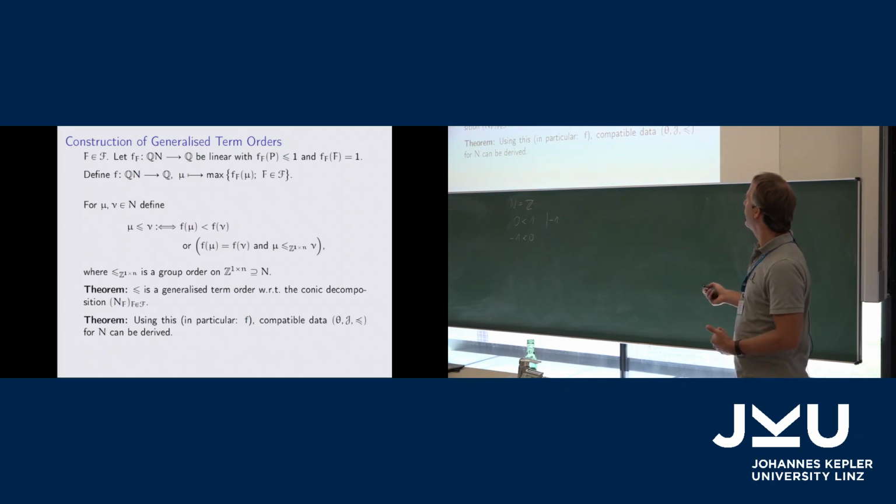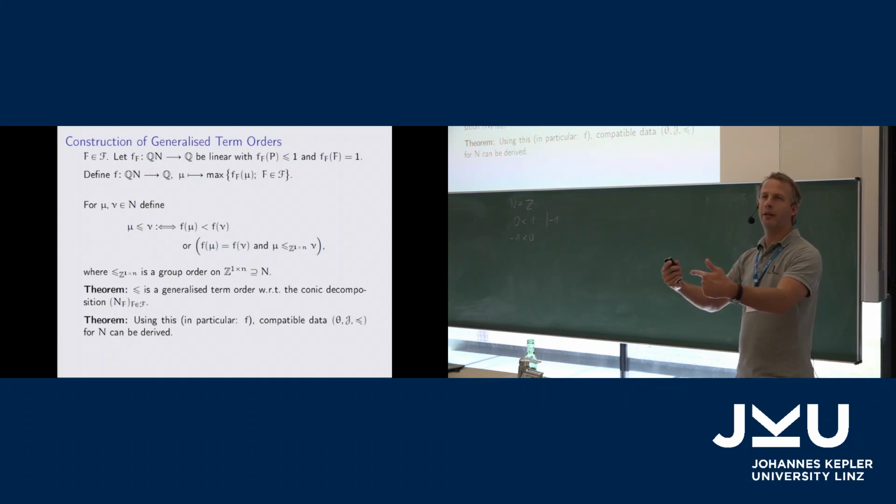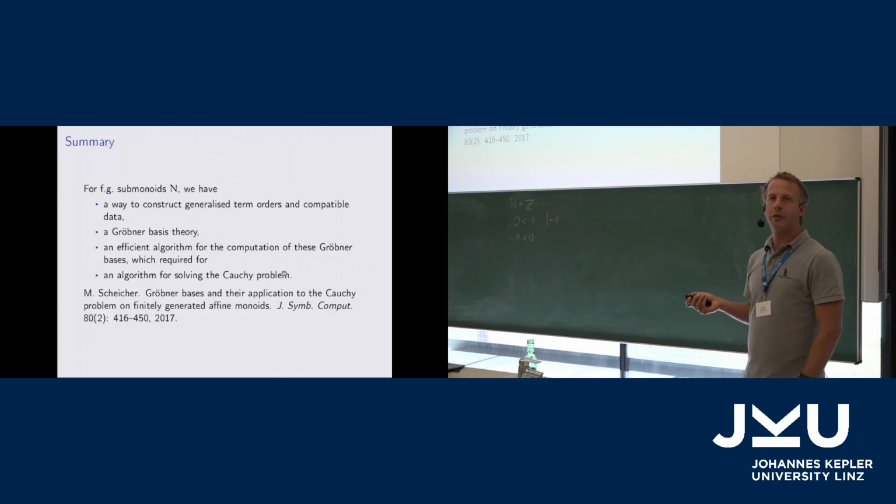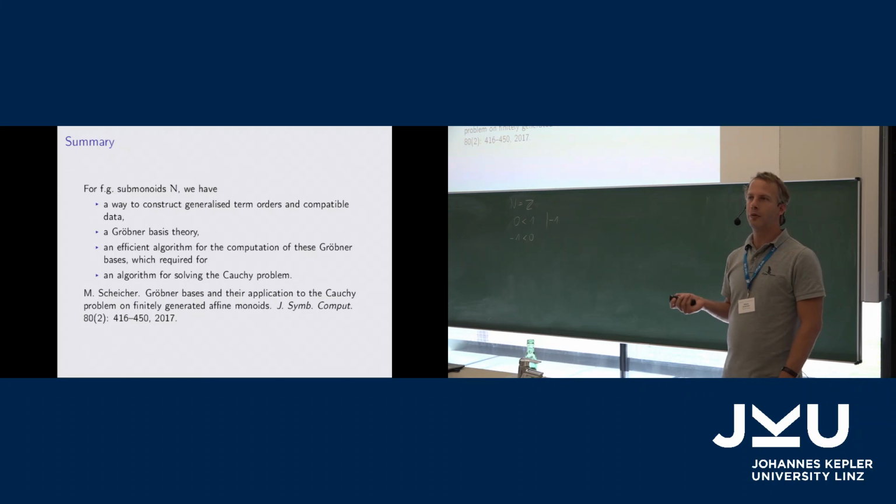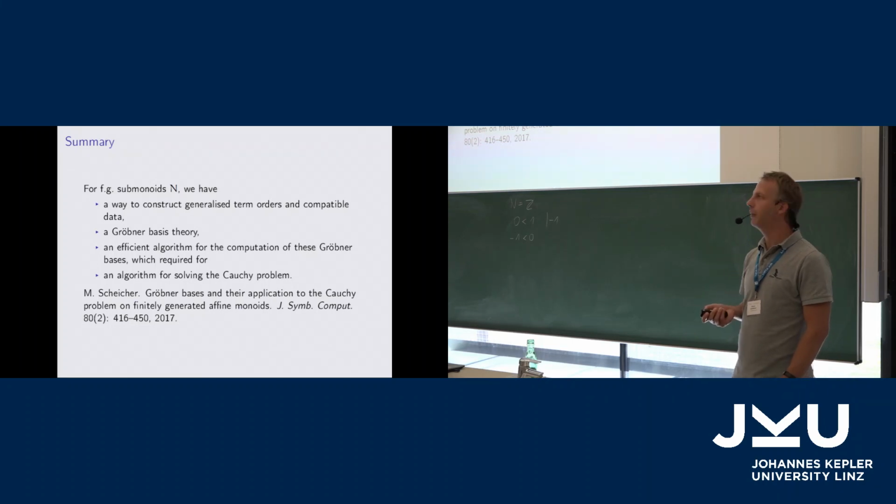So I really had to choose a special generating system and use this map F explicitly again when I was defining the term order in the parameter space. Yes, but it worked, and now I can compute solutions of the Cauchy problem in an automated way.